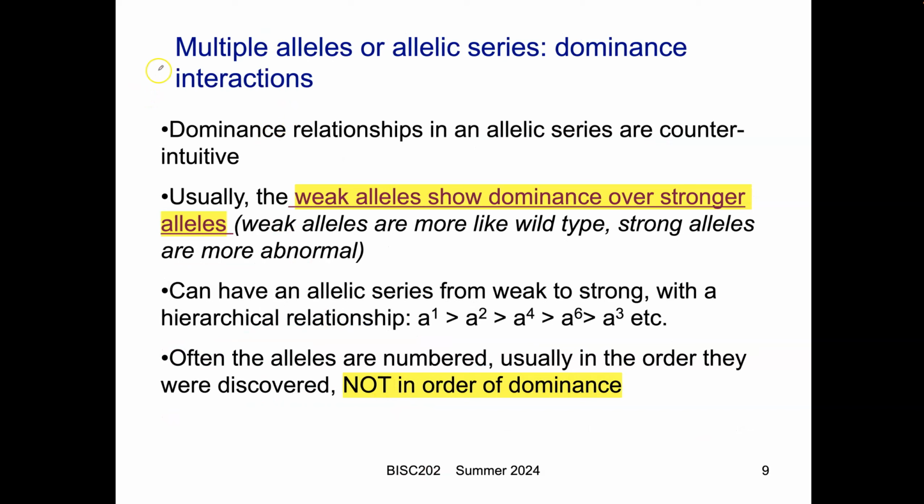And then when we're thinking about the dominance interactions, I really want to emphasize this because it's sort of counterintuitive, because usually the weaker alleles show dominance over the stronger alleles. And that doesn't sound right at all. But that's because the weak alleles are more like wild type. So you have an allele that's producing a protein that's mostly doing the job, and the strong allele is more abnormal.